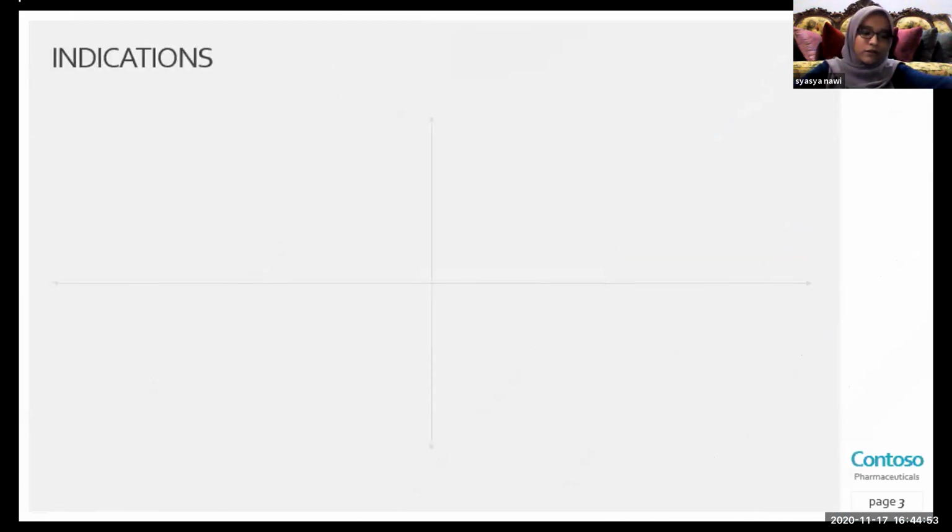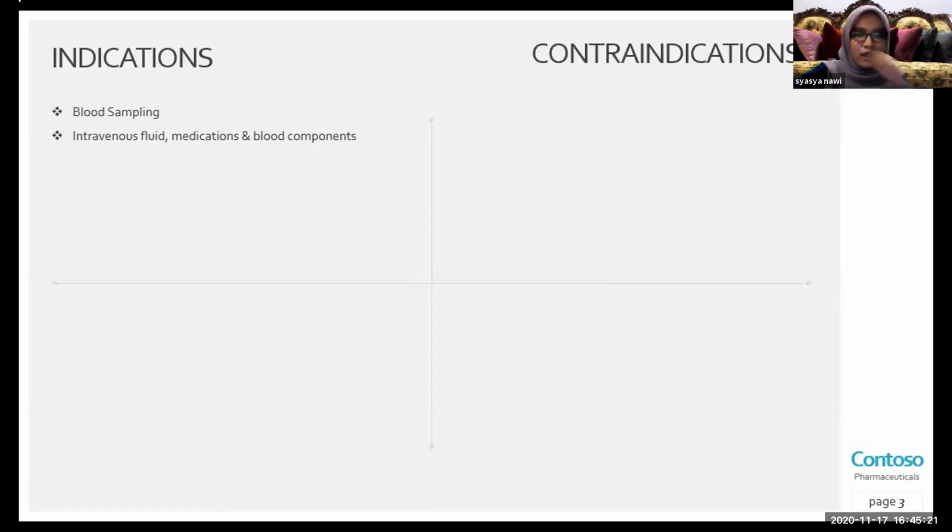First of all, the indications: why do we do this procedure? Basically for venipuncture, it is mainly for blood sampling purposes. We are going to take the blood for any investigations and send it to the laboratory. While for the intravenous cannulation, mainly we want to give intravenous fluid, medications or blood transfusion to the patient.